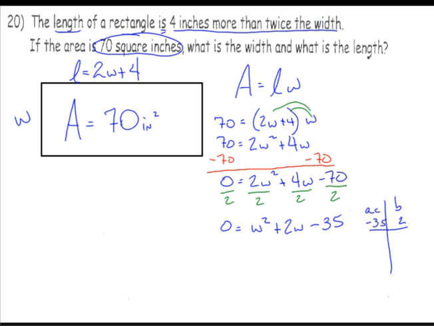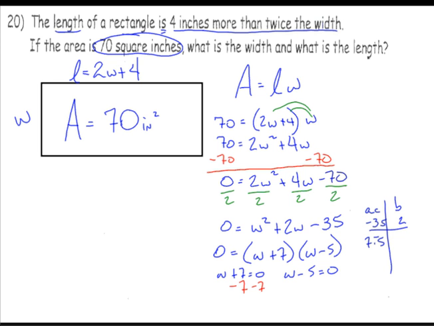B is 2. So I'm going to have 7 times a negative 5. So I have now 0 is equal to W plus 7, W minus 5. So W plus 7 equals 0. W minus 5 equals 0.